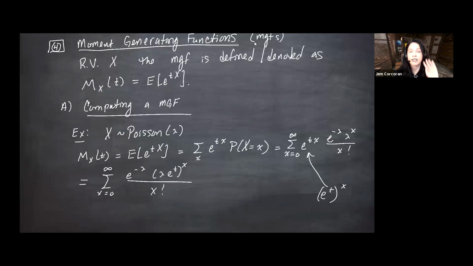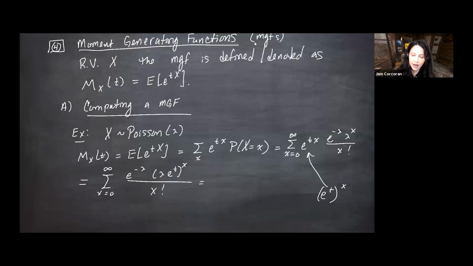And we can treat this like a new Poisson distribution, but in place of what is usually lambda, I now have this whole lambda e to the t. So going all the way over to the right here, this e to the minus lambda needs to be e to the minus lambda e to the t. So I'm going to just put in things and take out things.